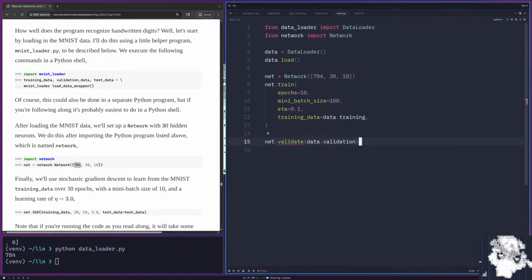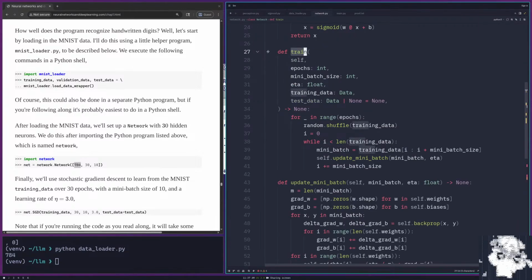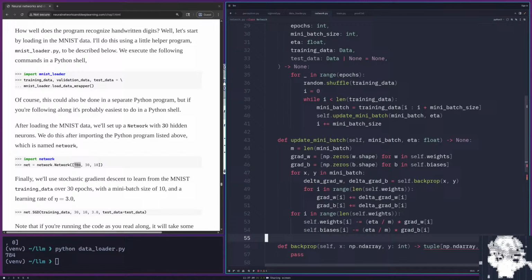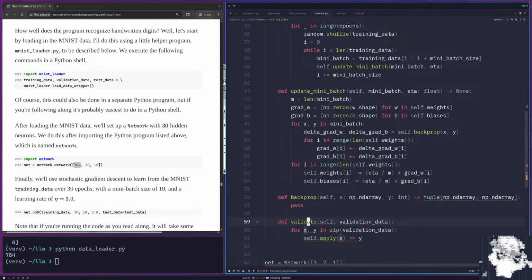So now if we go back to main, yeah, we can pass in training data directly. We should be able to pass in validation data directly. Cannot access attribute validate. That's because I haven't implemented it yet, have I? Well, I have though. Why is it?